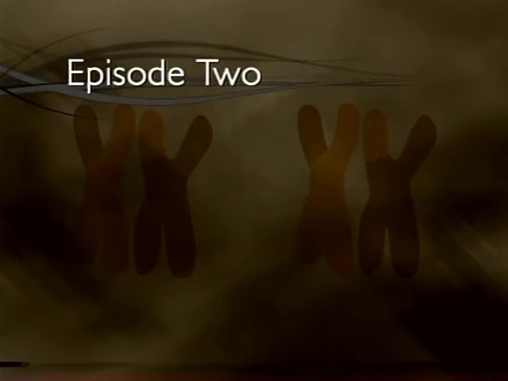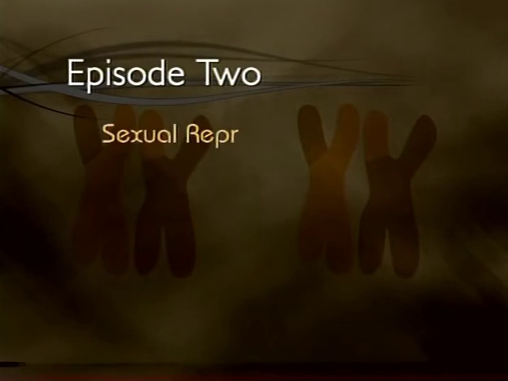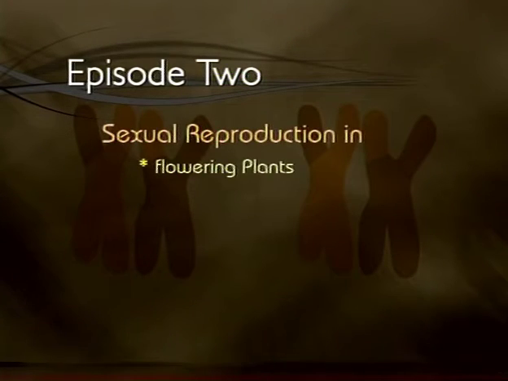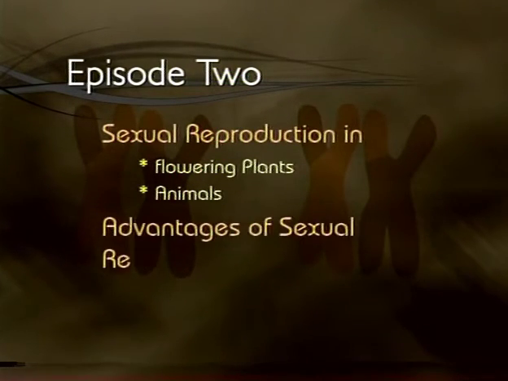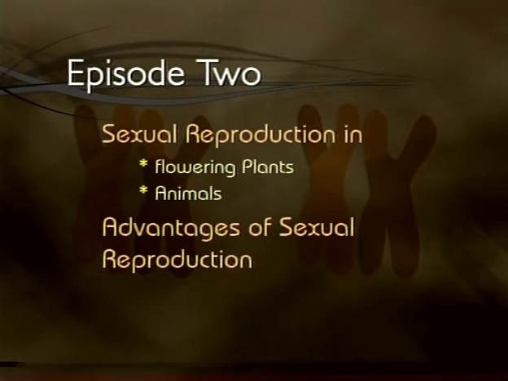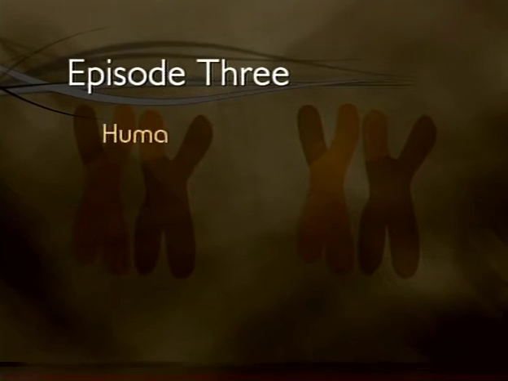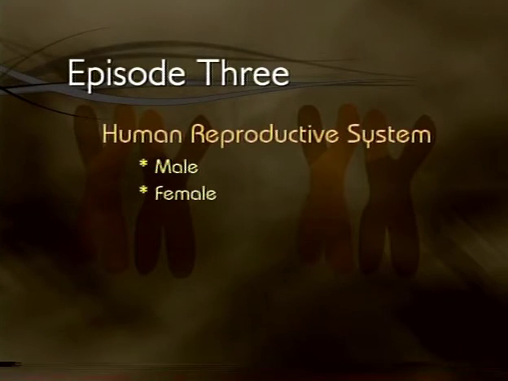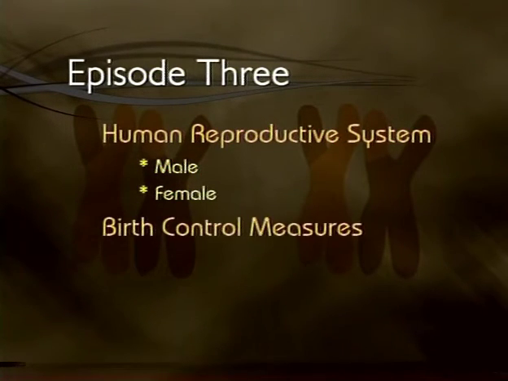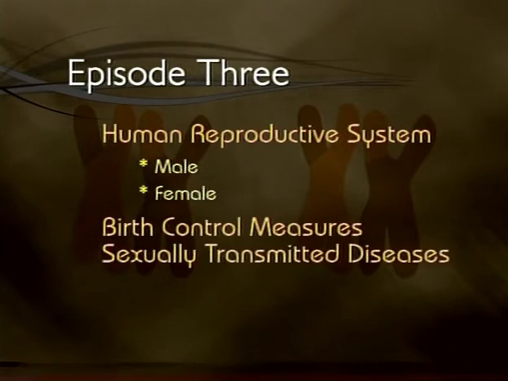The second episode deals with sexual reproduction in flowering plants, sexual reproduction in animals, and advantages of sexual reproduction. The final episode would deal with the human male reproductive system and the female reproductive system, birth control methods, and sexually transmitted diseases.